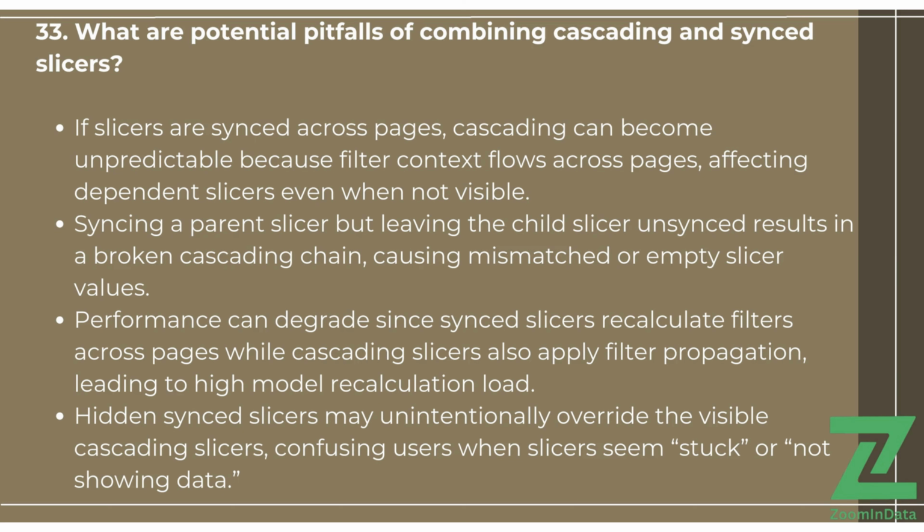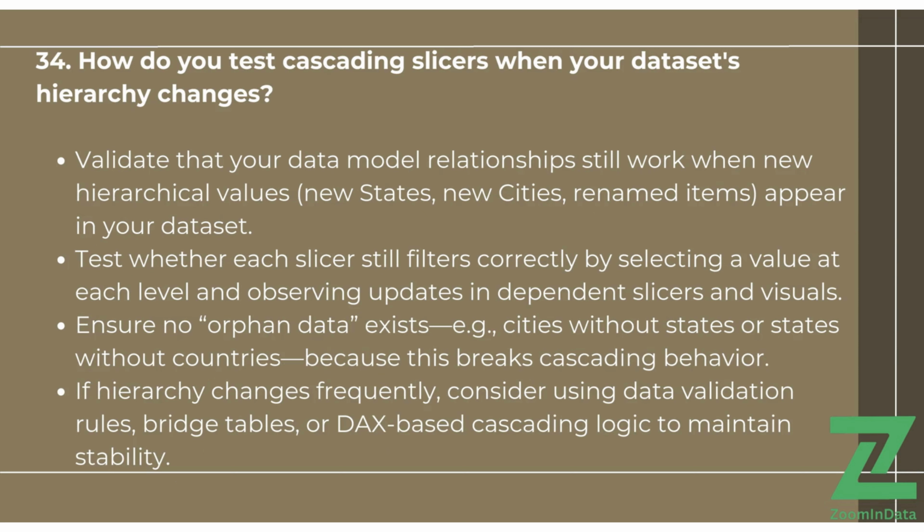Performance can degrade since synced slicers recalculate filters across pages while cascading slicers also apply filter propagation, leading to high model recalculation load. Hidden synced slicers may unintentionally override the visible cascading slicers, confusing users when slicers seem stuck or not showing data.